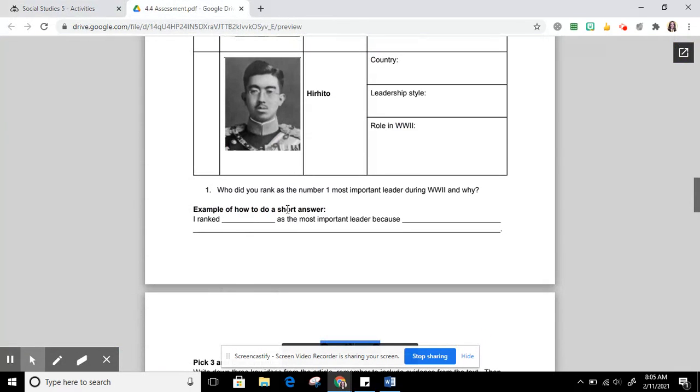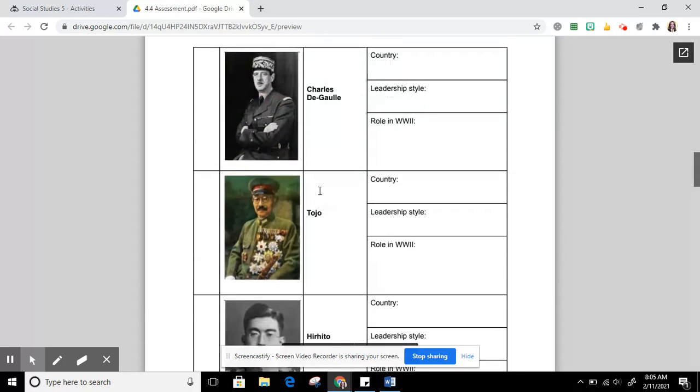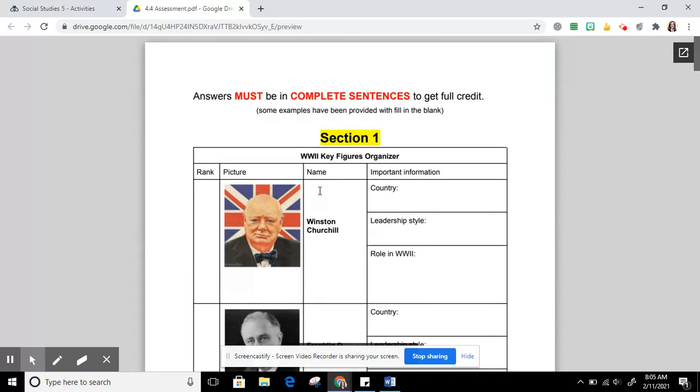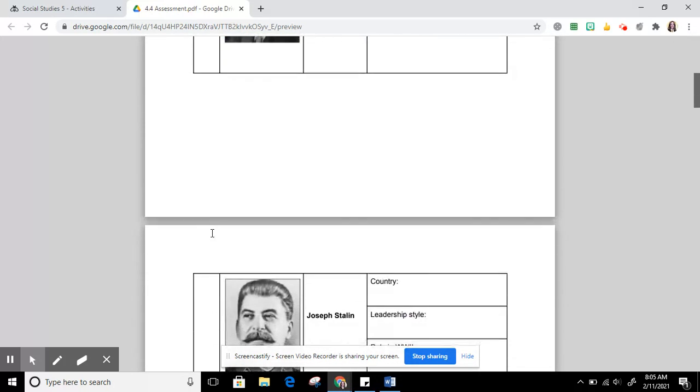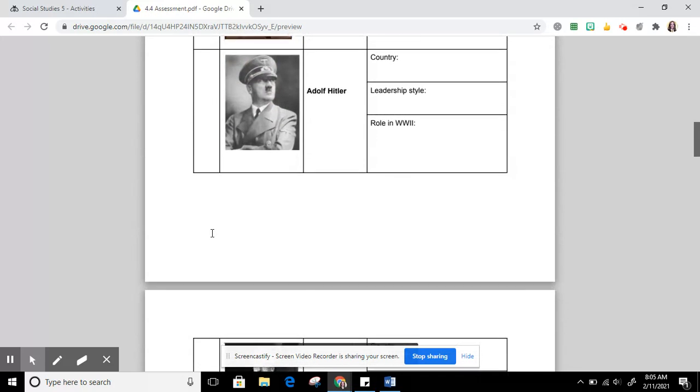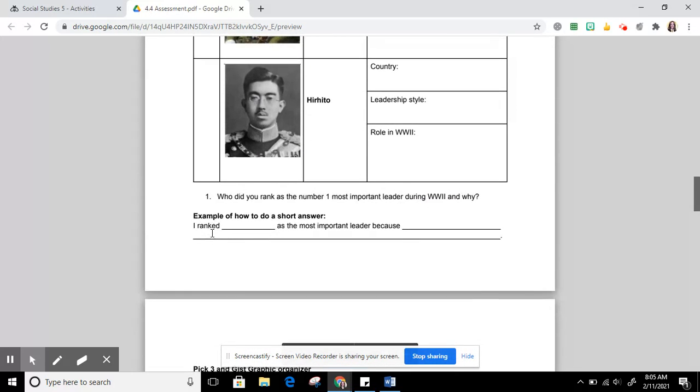Question 1's at the bottom of the chart. Who did you rank as the number 1 most important leader during World War II and why? If you notice on the chart, boys and girls, you've got their rank here. You can rank them, 1 being the most important, 10 being the least important.